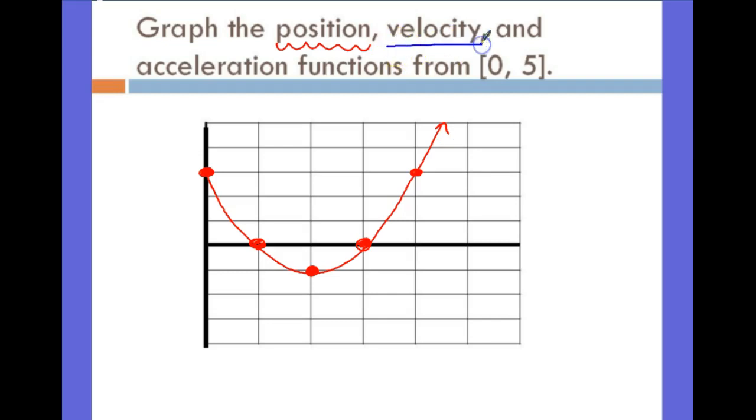Velocity is 2t minus 4. So it starts at -4 and goes up 2 over 1, up 2 over 1. When we calculated this, we got that v of 2 was equal to 0. Oh wow, v of 2 is 0.